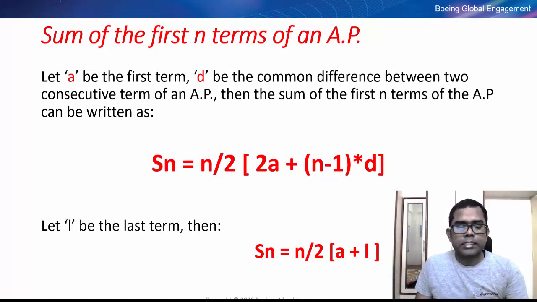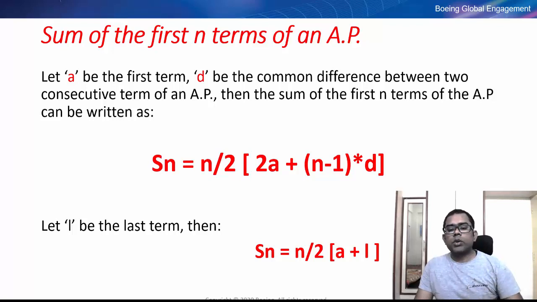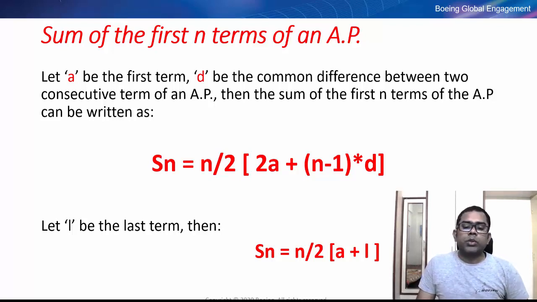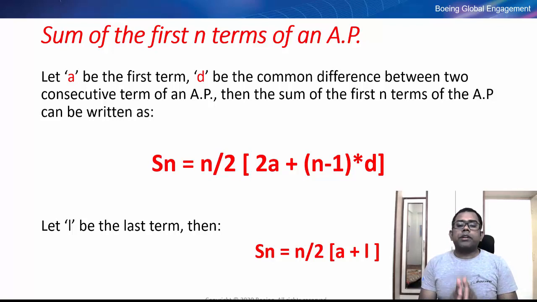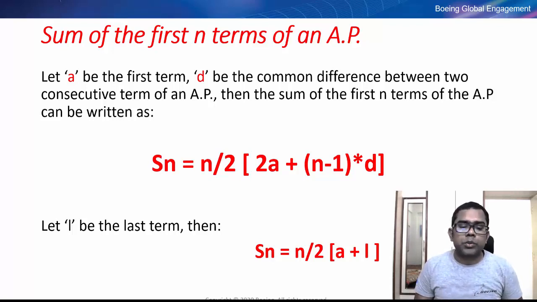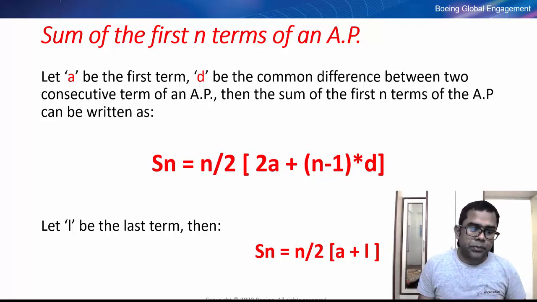If L designates the last term of a finite arithmetic progression, then we say that Sn is equal to n by 2 into a plus L. We will see how we derive this particular equation. However, I would recommend you to remember this formula for faster solving of problems.